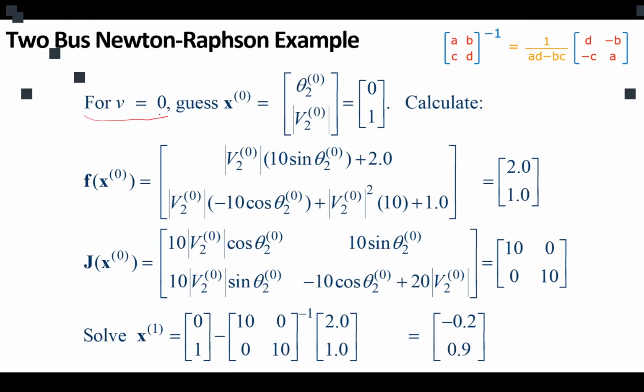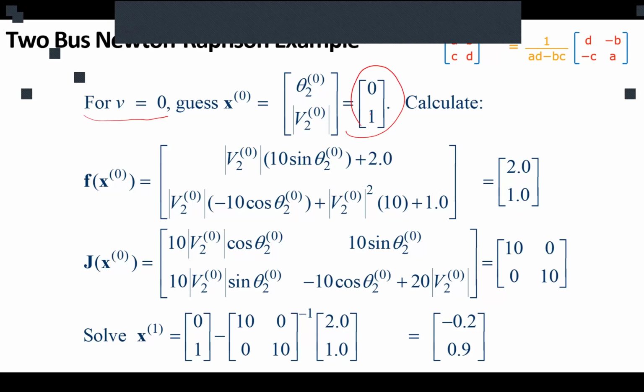If 0 and 1 are theta 2 and V2, then the F matrix that we developed for P2 and Q2, the power balance, would end up being 2 and 1 instead of 0 and 0. So we are way off.